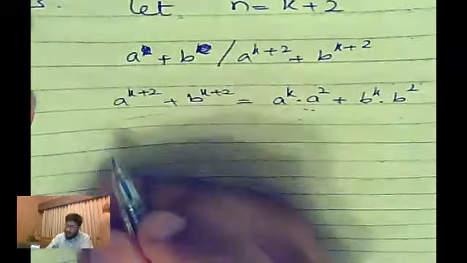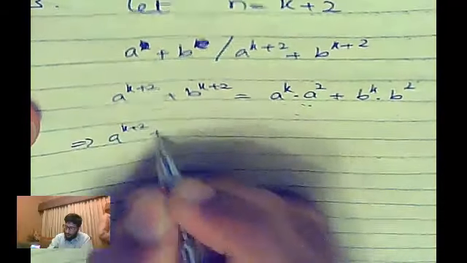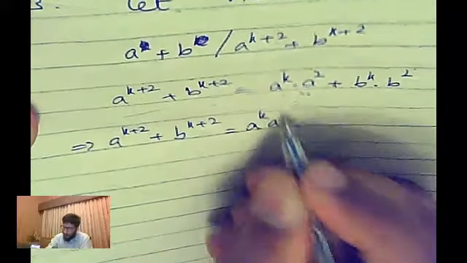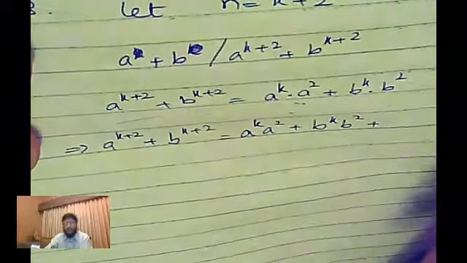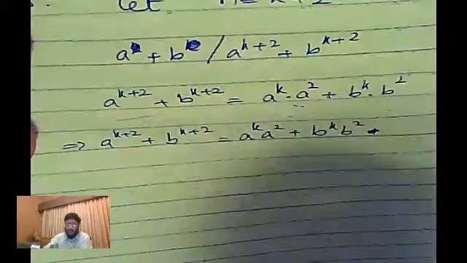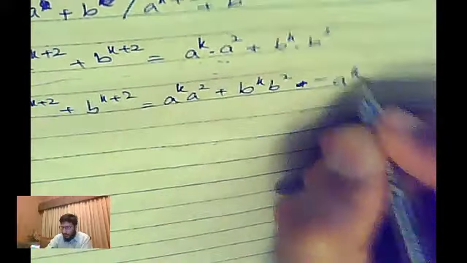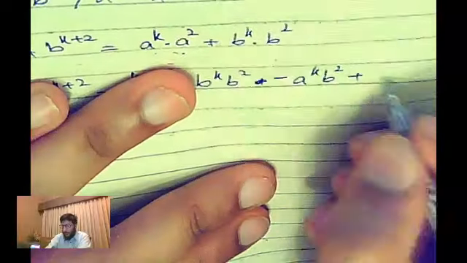So this implies, now we are going to add and subtract a number. Subtract first, and the number is a power k times b squared, and we are going to add the same number.